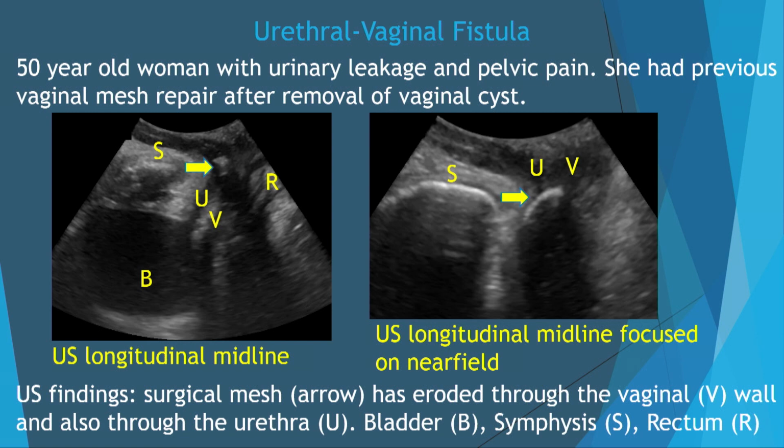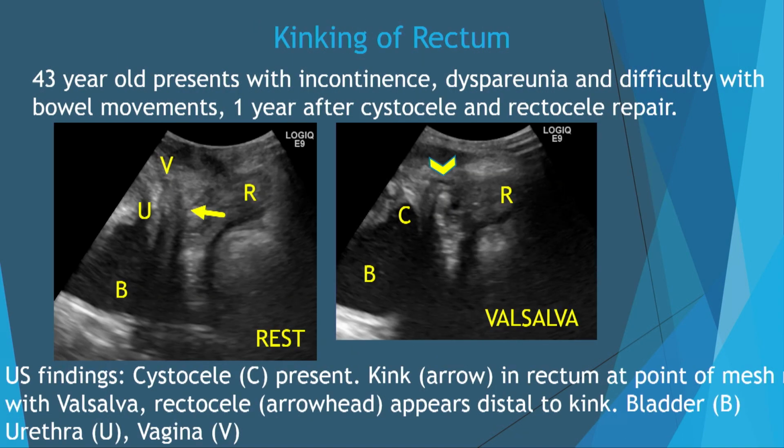So ultrasound, because we see this synthetic material so well, is a great way to problem solve and tell a urologist if there are going to be any problems that they need to try to adjust.